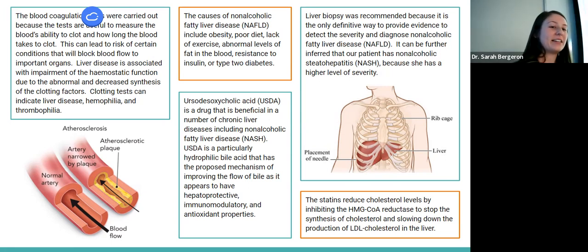The UDCA is a drug that is beneficial in a number of chronic liver diseases, including NASH. UDCA is a particularly hydrophilic bile acid that has the proposed mechanisms of improving the flow of bile as it appears to have hepatoprotective, immunomodulatory, and anti-apoptotic properties.